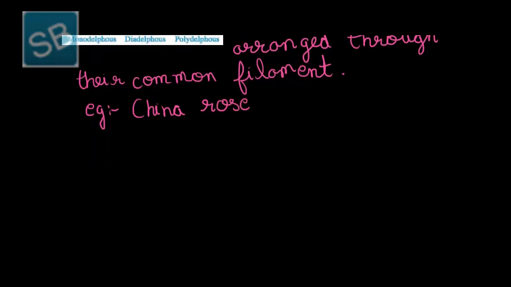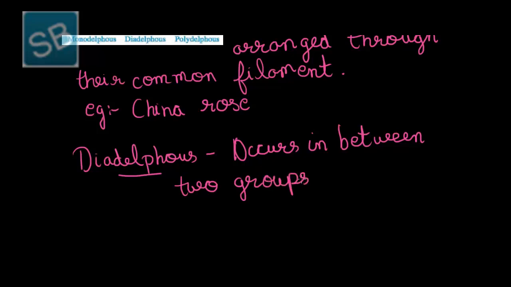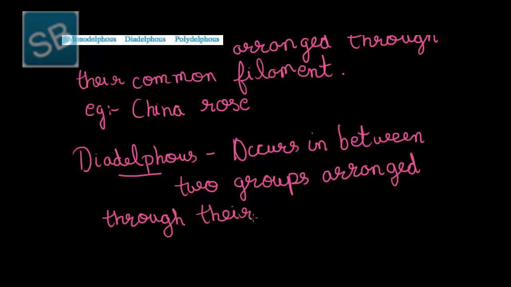Then the second type is diadelphous. Sometimes this joint occurs in between two groups arranged through their filaments. So such a type is known as diadelphous.